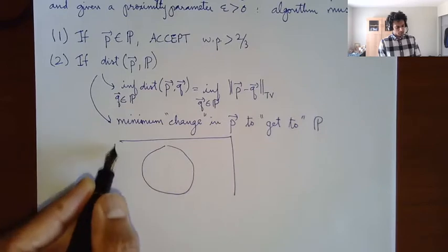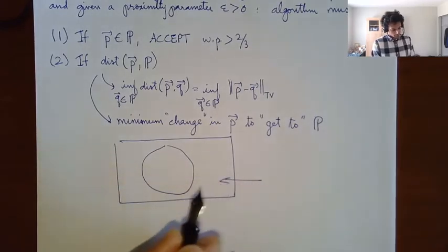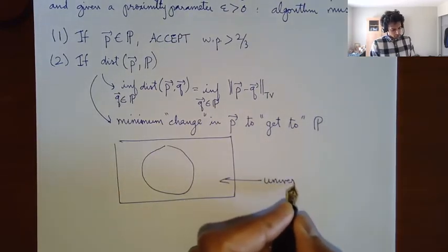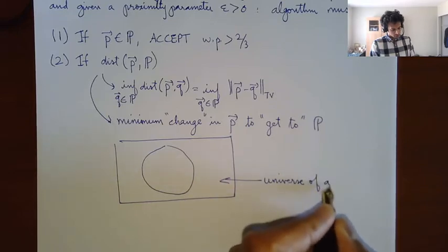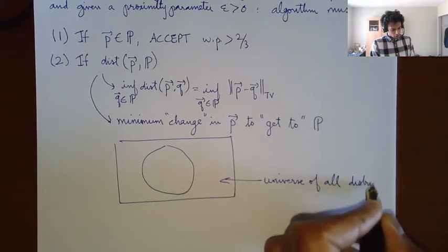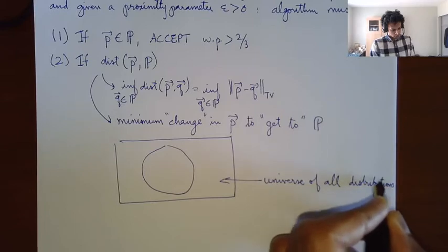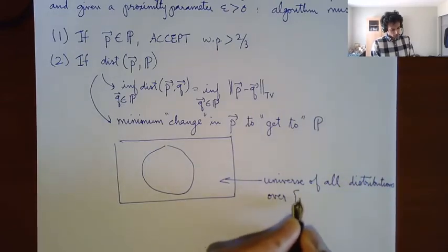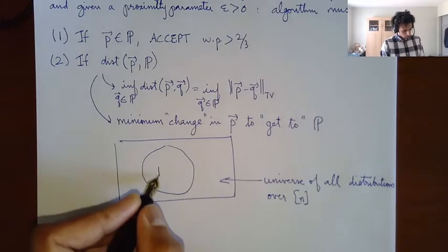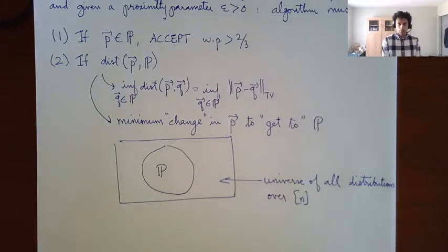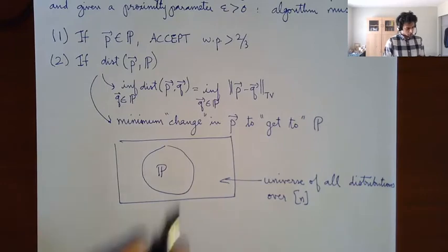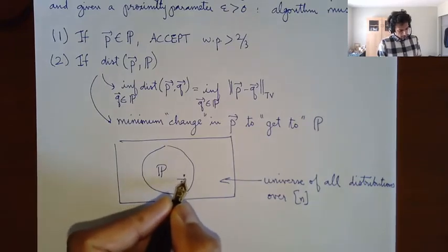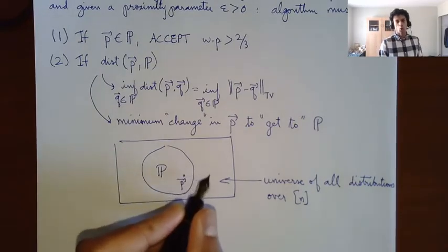So one way to think of this pictorially is this is the universe of all distributions, the universe of all distributions over R support size. This is the set of distributions P. Now given any distribution, it could either be inside or outside.